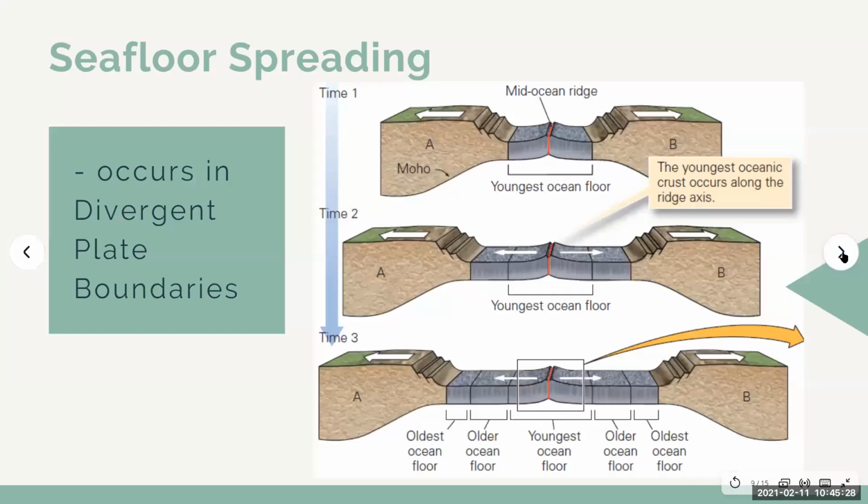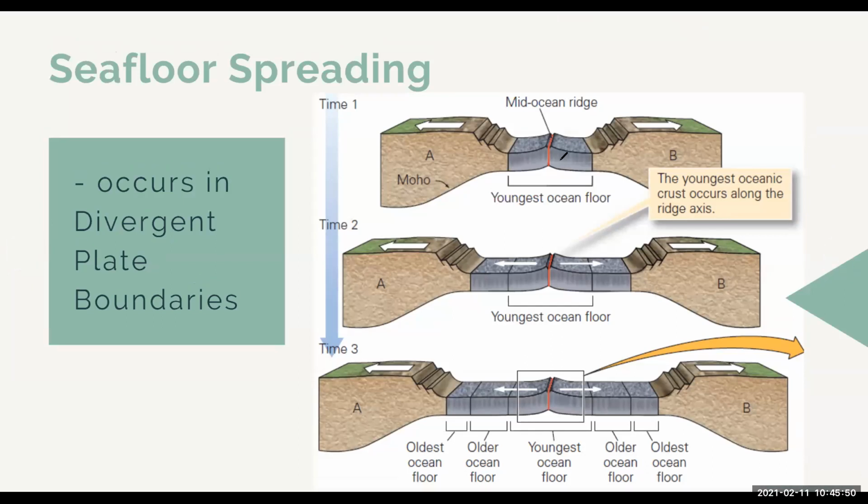Okay, so seafloor spreading. So like I said, sa divergent boundary ito nangyayari, yung seafloor spreading. Dito natin nakikita na merong constructive na process na nangyayari sa tectonic plates natin. Okay, so it occurs in divergent boundaries. And if you notice here, as the seafloor spreads, as ito yung dalawang plates natin, for example, this one and this one.